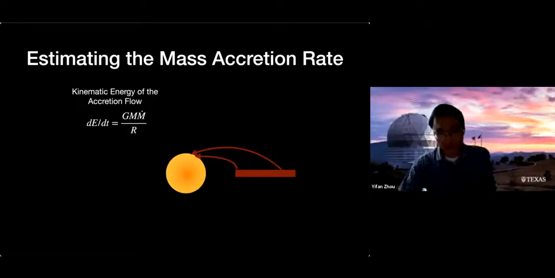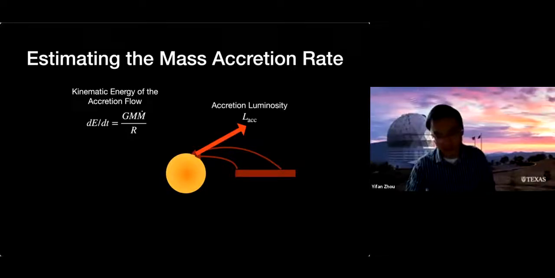So now we have the accretion luminosity. To convert the accretion luminosity into the accretion rate, we can equate the kinetic energy of the accretion flow, which is related to the free fall velocity of the accretion flow, and the measured accretion luminosity.